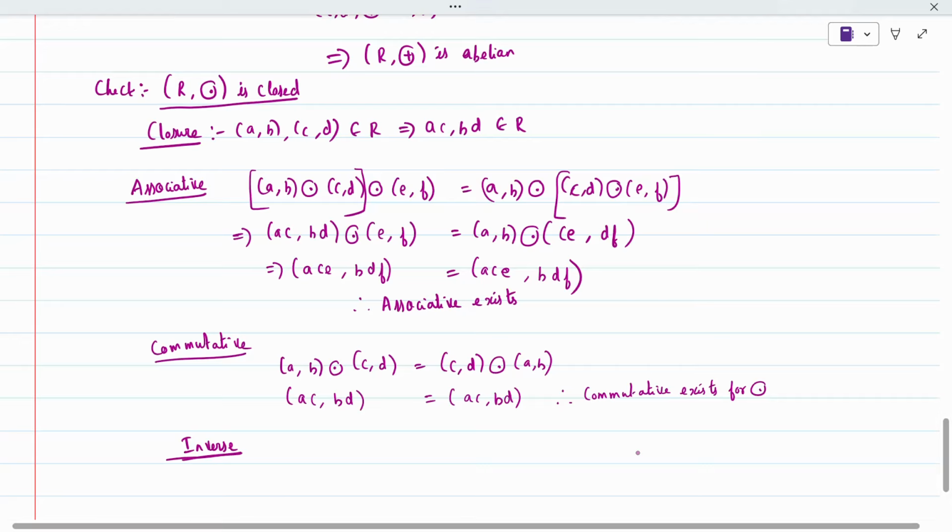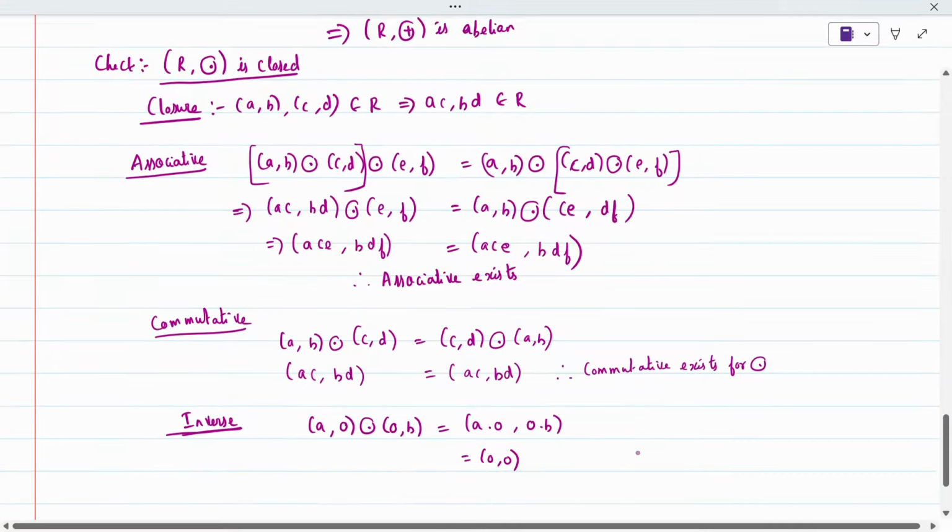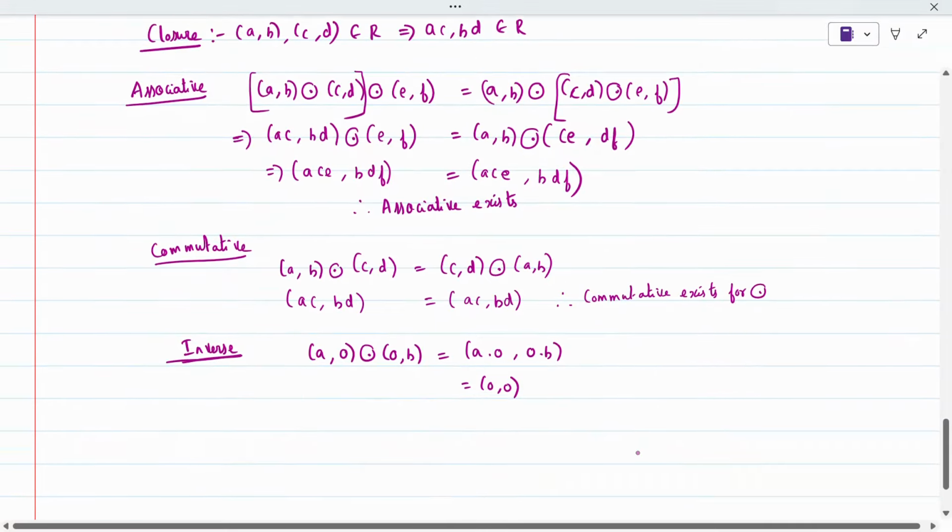When I prove it, (A, 0) dot (0, B) is A into 0 and 0 into B, which is (0, 0) only. So (0, 0) is the element.